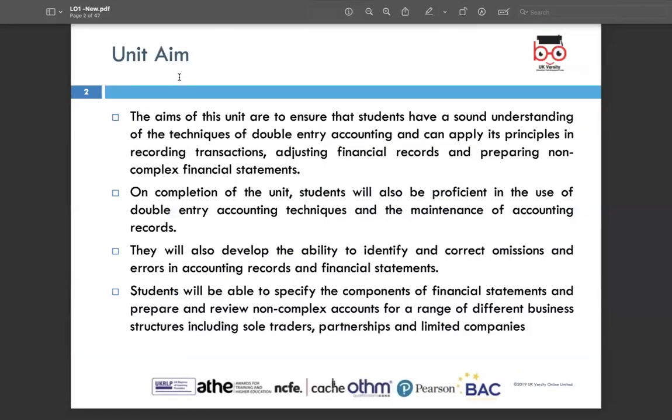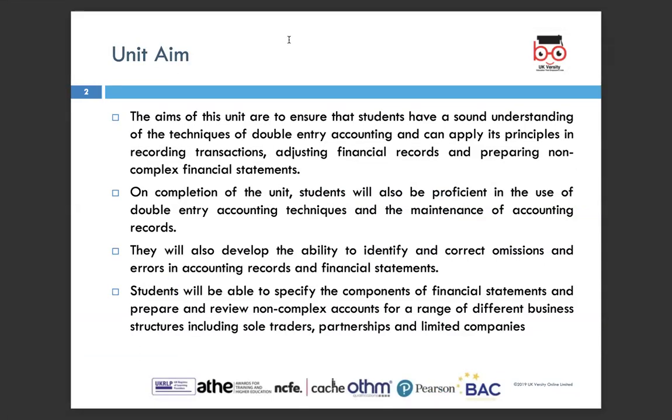The unit aims to ensure that students have a sound understanding of the techniques of double entry accounting. After completion of this unit, students will be proficient in the use of double entry accounting techniques and the maintenance of accounting records. Also, develop the ability to identify and correct omissions and errors in accounting records and financial statements.